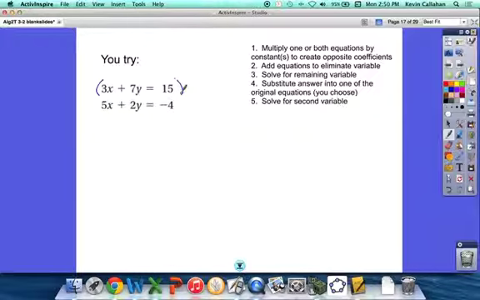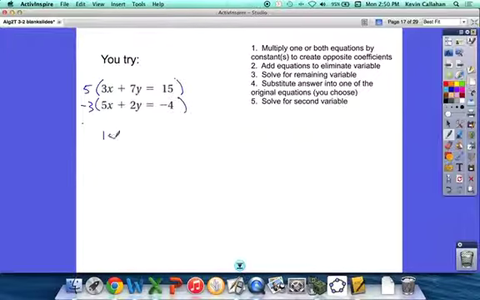So what did you multiply the first one by? +5? Okay. Did anybody go -5? Nobody. Oh my gosh. Okay. So multiply. Remember, we multiply everything.